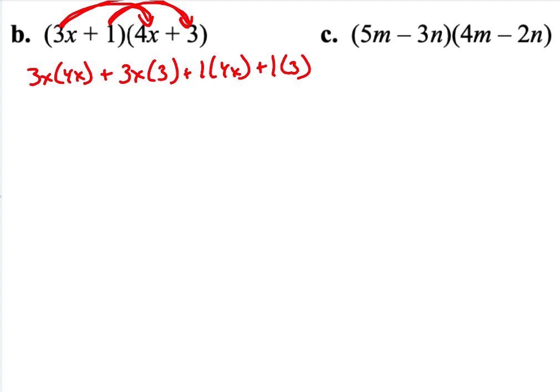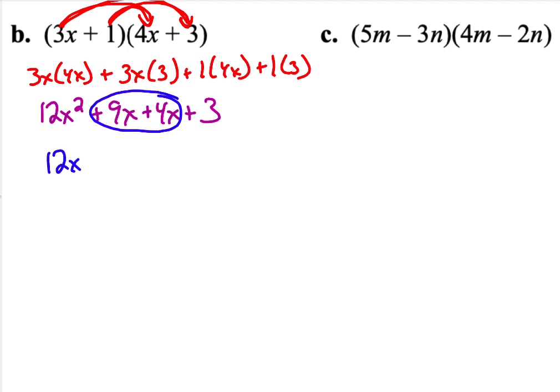So 3x times 4x is 12x squared. 3x times 3 is 9x. 1 times 4x is 4x. 1 times 3 is 3. And then you'll have this happen quite a bit. Those middle terms tend to be like terms, so we can add those together. 12x squared plus 13x plus 3.